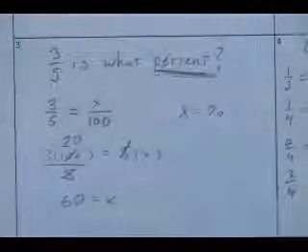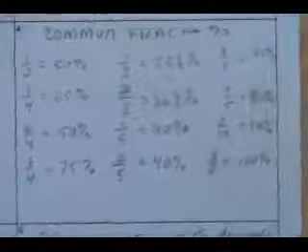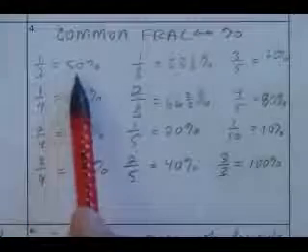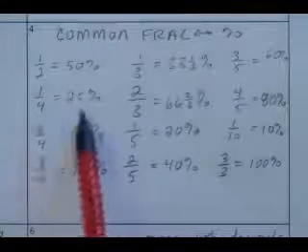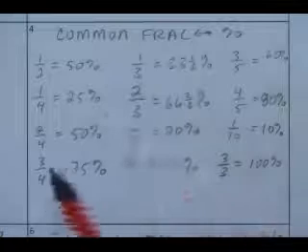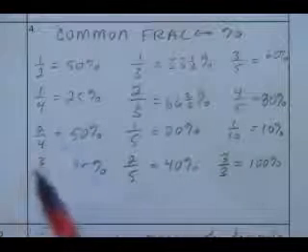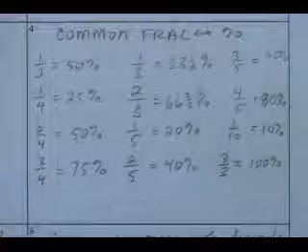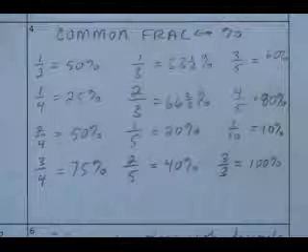Let's look at some common fractions that you'll be changing an awful lot. You should just know these. You want to commit these to memory. It'll save you some time. Half is 50%. A quarter is 25%. 2 quarters is a half, that's 50%. 3 quarters is 75%. If you're 3/4 of the way through your test, you're 75% of the way through it.